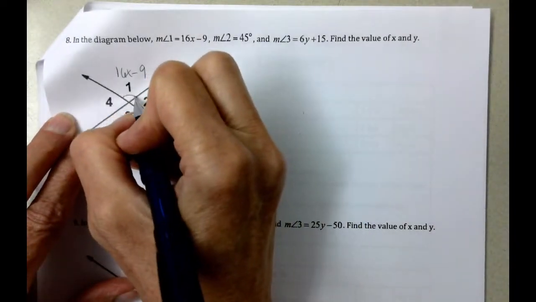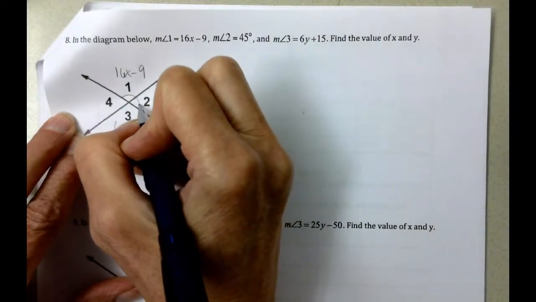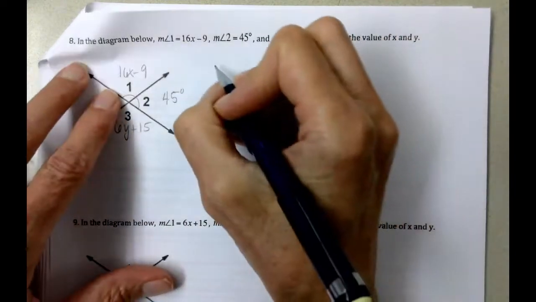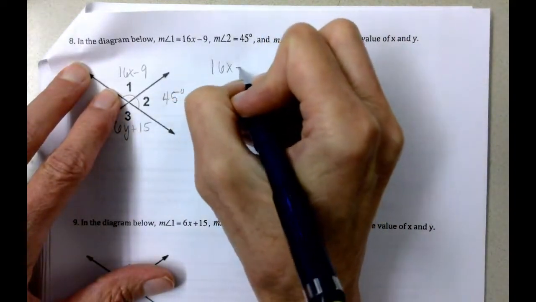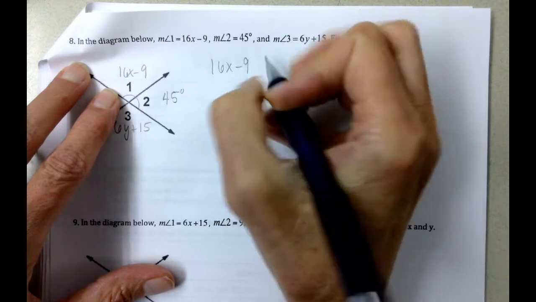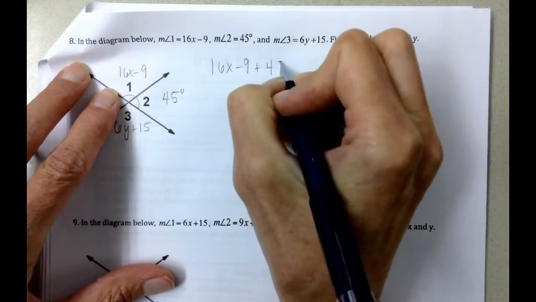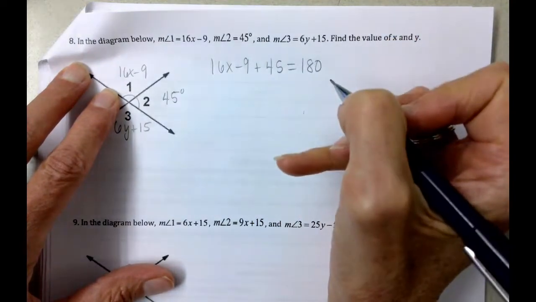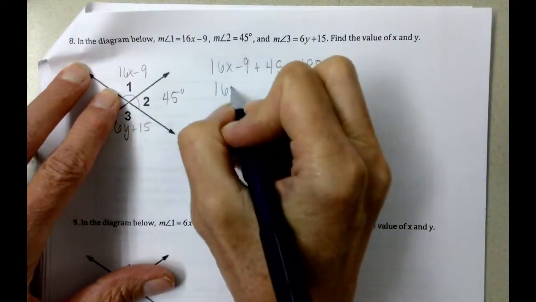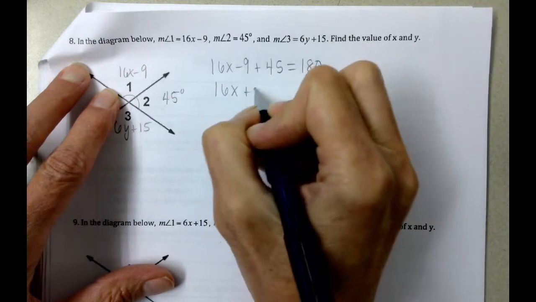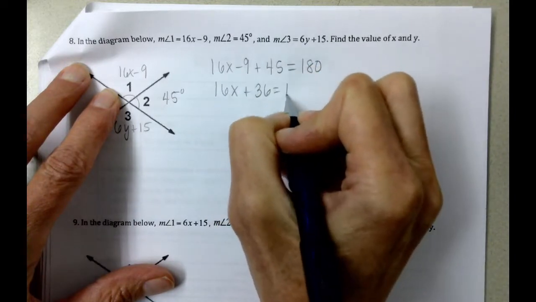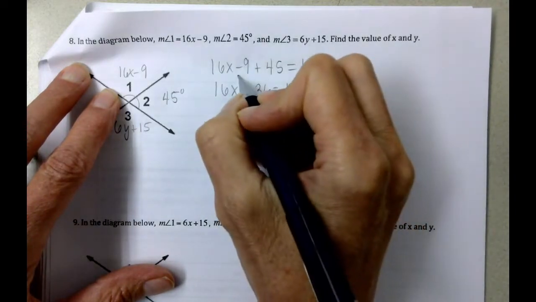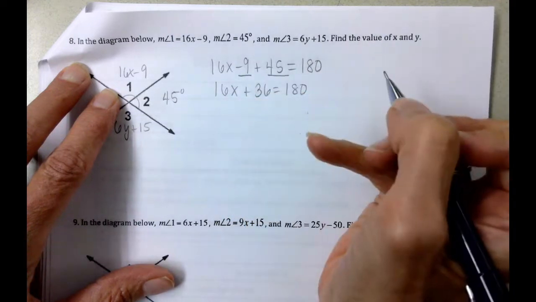So if we take angle 1 and add it to angle 2, so 16x minus 9 plus 45, linear pairs add to be 180. We get 16x plus 36 equals 180. We combine like terms, negative 9 plus 45.